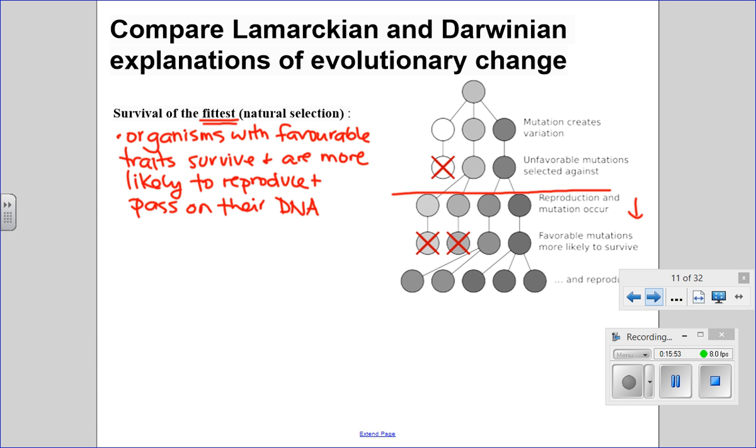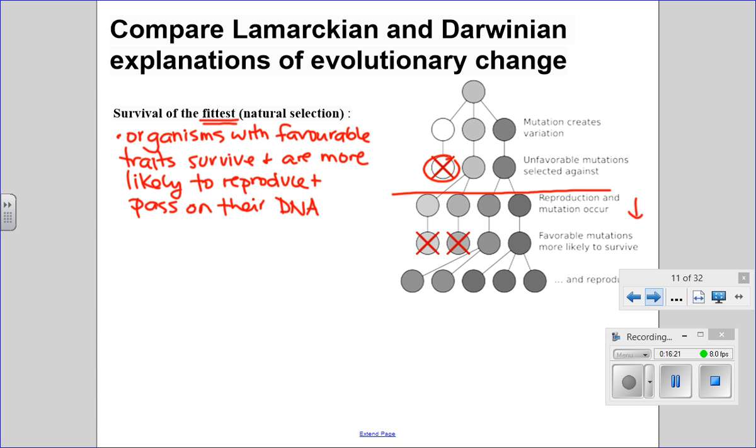So in the next generation, we already saw that the lightest color of the 3 offspring didn't reproduce. It didn't survive long enough to reproduce. And so in the second generation, there's no light-colored organisms left. So that would be an explanation for why sometimes a characteristic disappears or fades out of a population.